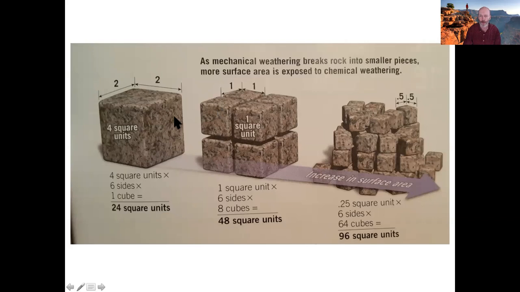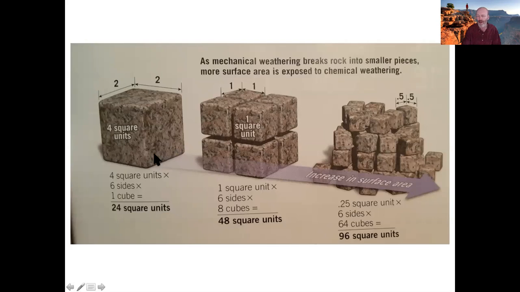And thus over time, we have more and more chunks of the rock. And each time we have it broken into more chunks, we have more area that's exposed to water, to air, to other processes. So the mechanical weathering leads to chemical weathering, and they sort of accelerate each other.